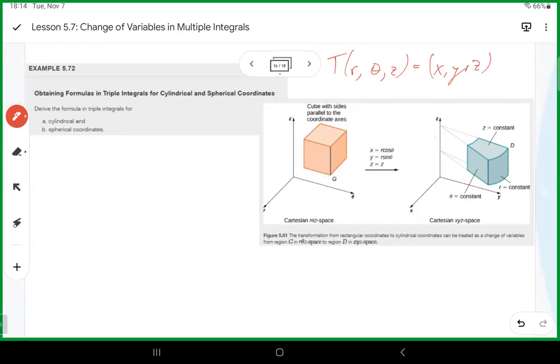And you can see the figure. So that would tell us that x is equal to r cosine theta, y is equal to r sine theta, and z is equal to z.